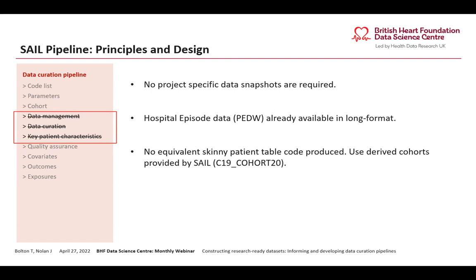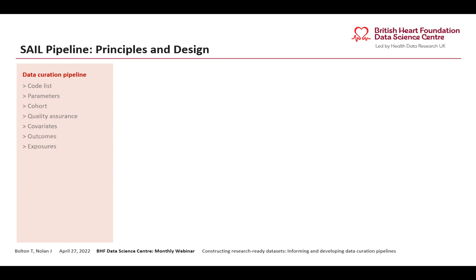And finally, no equivalent skinny patient table code is produced in SAIL, and instead key patient characteristics are taken from the pre-provided e-cohorts available in SAIL. And so for this project, we're using the COVID-19 cohort 20, comprised of people alive as at the 1st of January 2020 in Wales. Outside of these differences, we're aiming for exactly the same code design and pipeline stages that we can see on the left-hand side of the slide here.